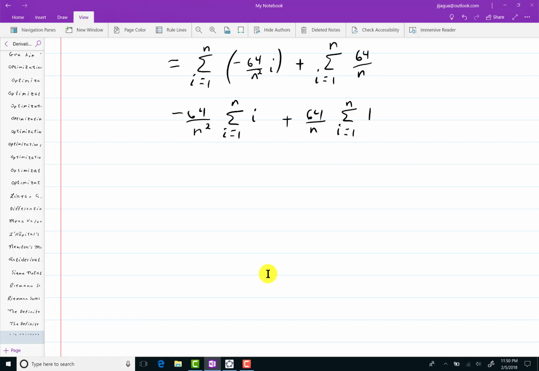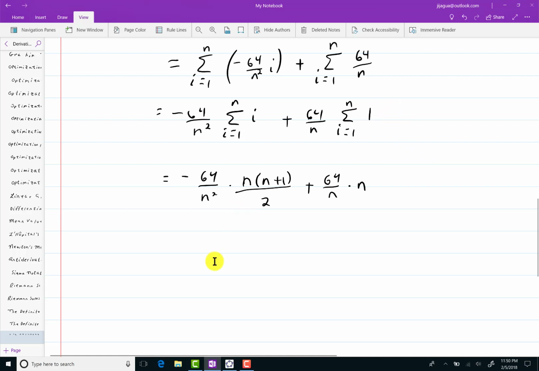If you'll remember, the formula for 1 to n of I is the following: n times n plus 1 divided by 2. And the formula for just adding up a constant, 64 times n, is that constant times n, which in this case will just be n.